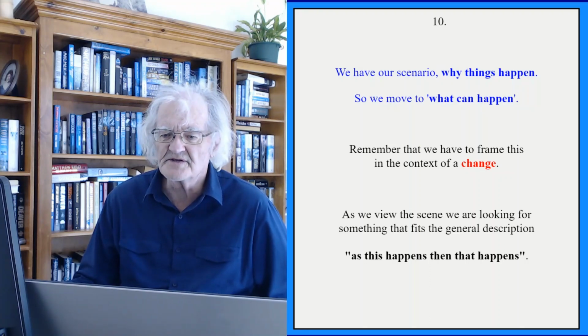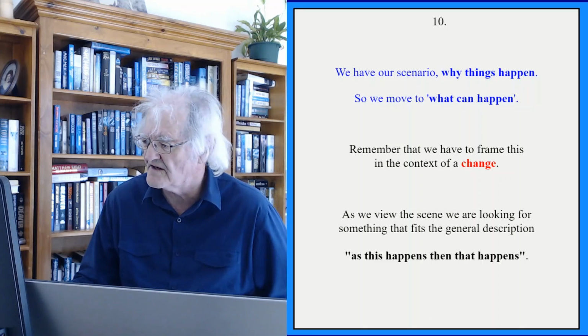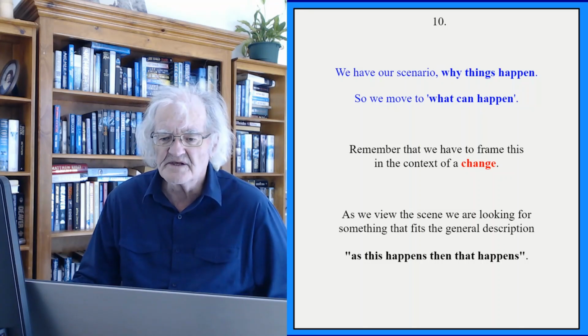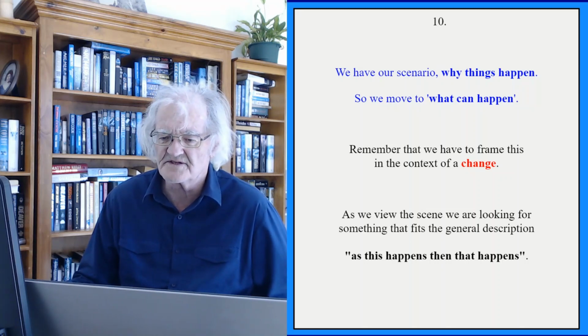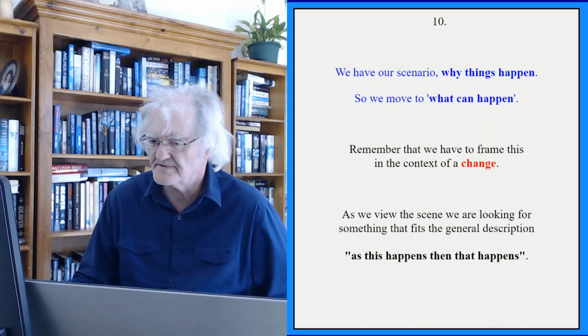So we move to what can happen. Remember that we have to frame this in the context of a change. As we view the scene, we are looking for something that fits the general description. As this happens, then that happens.